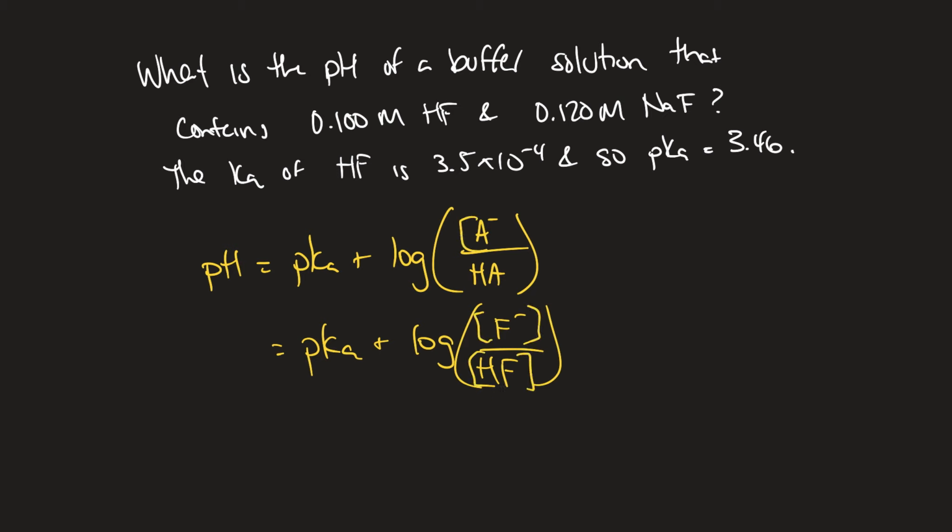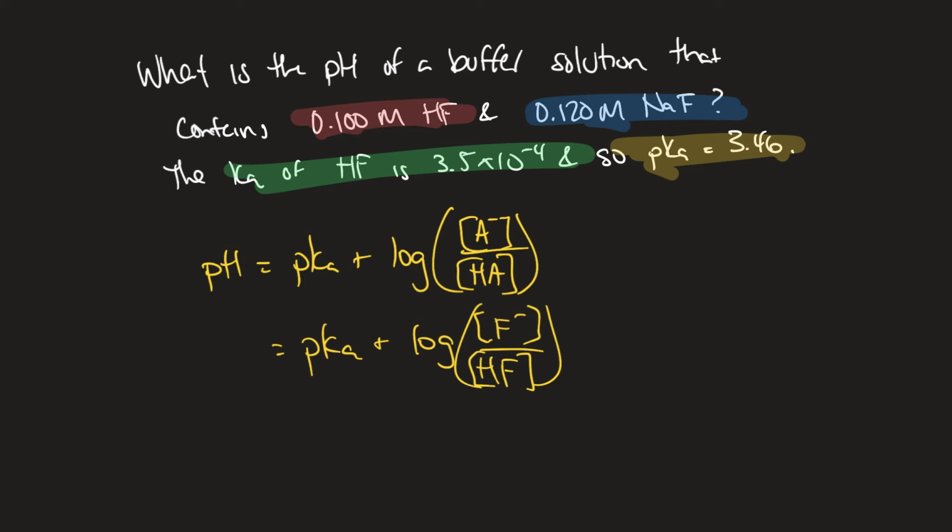So let's highlight what we have. It tells me the concentration of my weak acid, and the concentration of the conjugate base. It tells me my Ka value, and then it tells me my pKa value. So really, we don't need Ka.